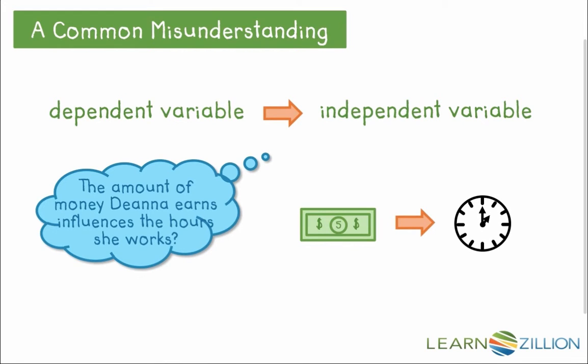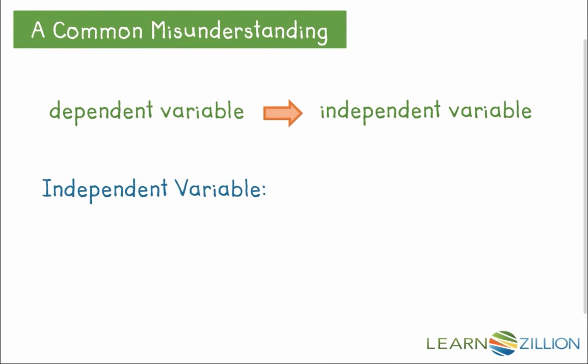It's not possible to know how much to pay her if we don't know how many hours she worked. In order to pay her correctly, she needs to work the hours first and can then be paid for each hour. Therefore, the amount of hours she works is the independent variable, and the amount of money she is paid is the dependent variable.